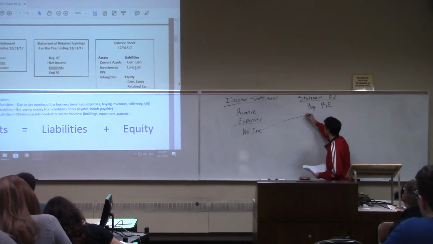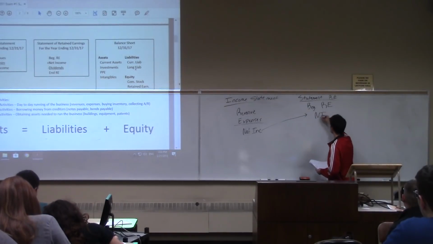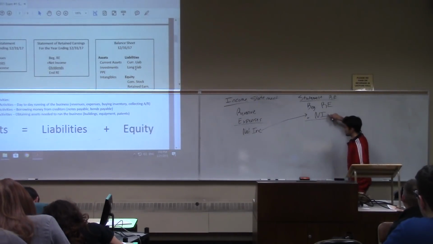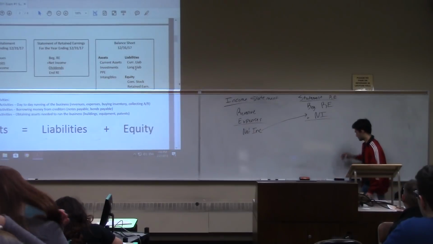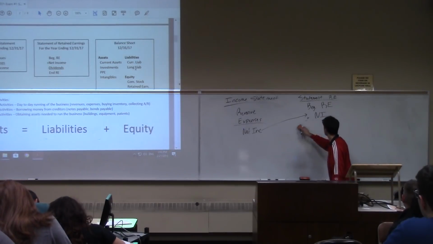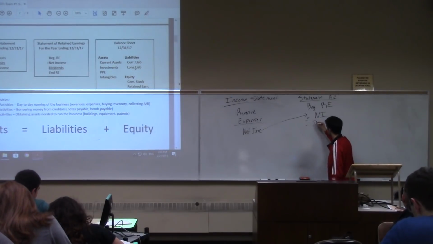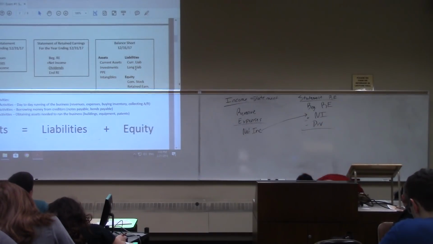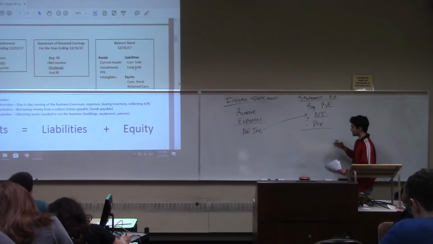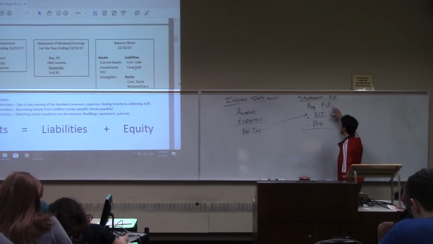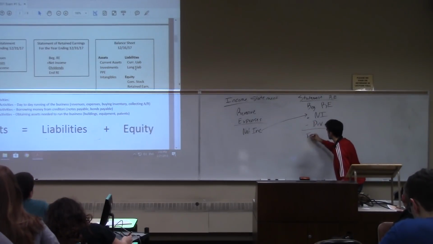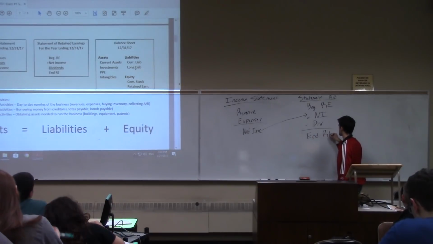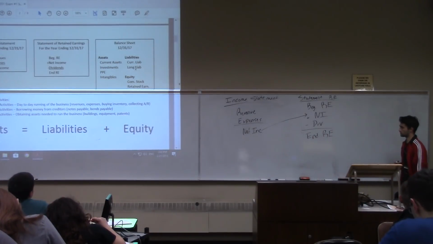We take our net income, the earnings that we made this year, and we subtract our dividends, which are earnings that we paid out to shareholders. Dividends we don't retain, so we take them out of our retained earnings, and that gives us our ending retained earnings.